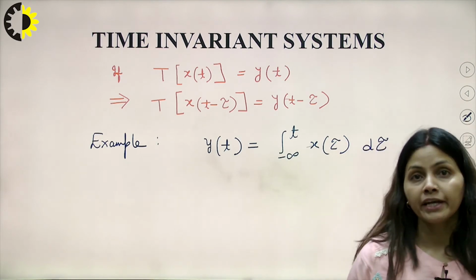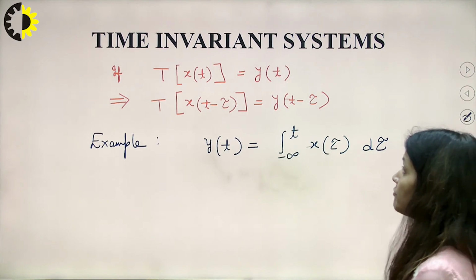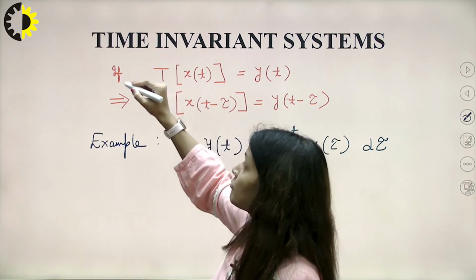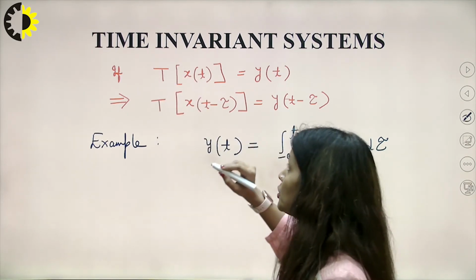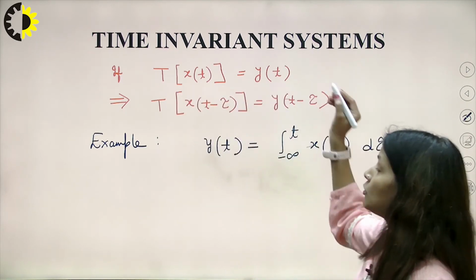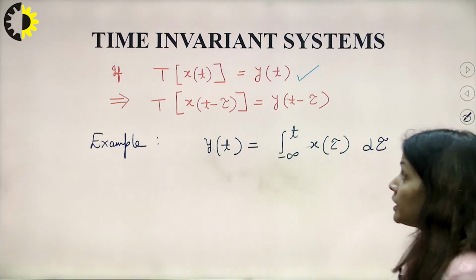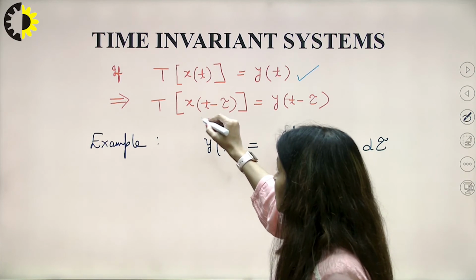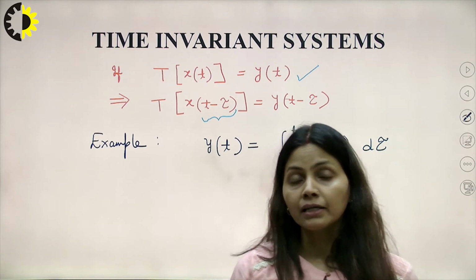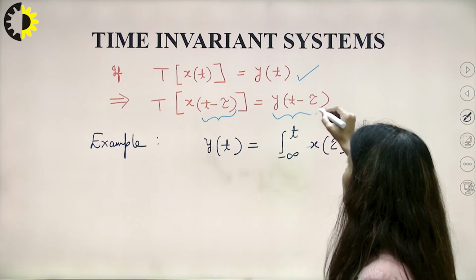What are time invariant systems? If I am having the output y(t) coming from an input to the system, we can represent it as T[x(t)] = y(t). If I shift my input by some tau, then the output is also shifted.